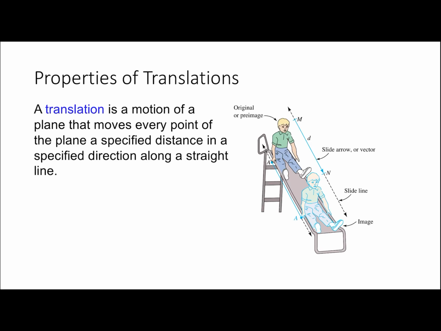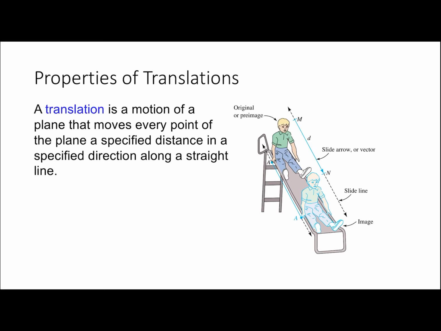Okay, and so when we talk about this idea of a translation, it is literally that, taking a figure from one point on the coordinate plane and shifting it or sliding it to another place. You might slide it right or left, or you might slide it up or down. You could slide it a number of different ways, but that's all it is.